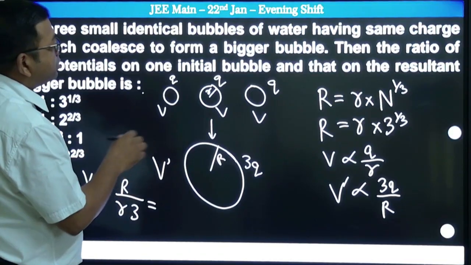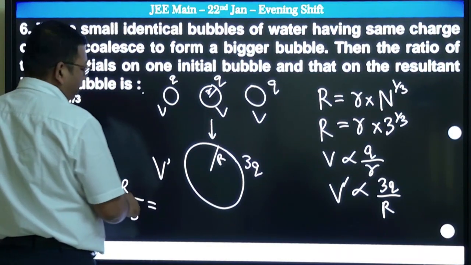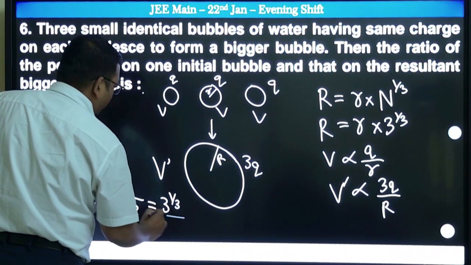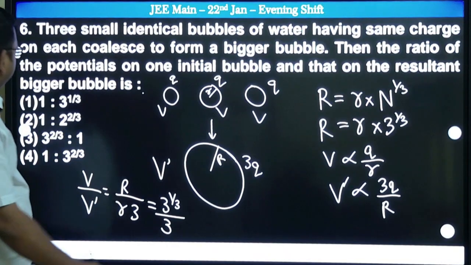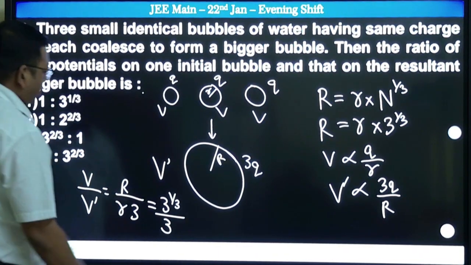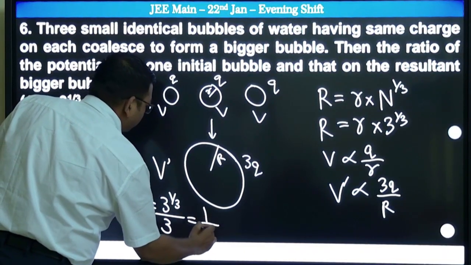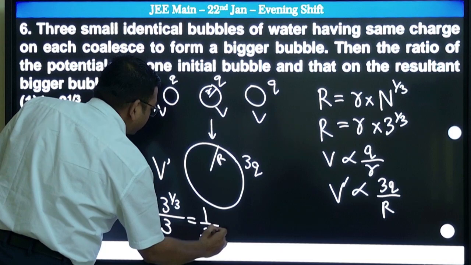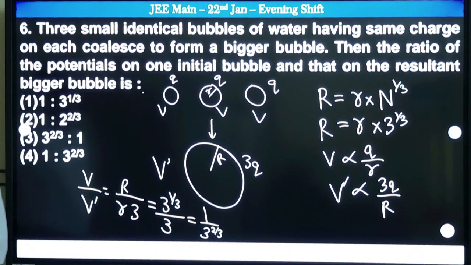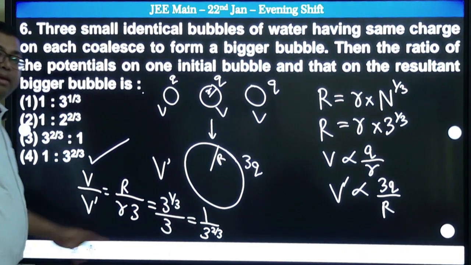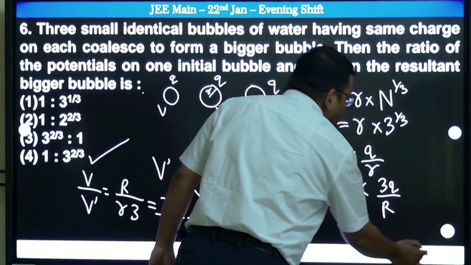You substitute now small r, capital R by 3 power 1 by 3, and divide by 3. So how much will it come? It will come 1 by 3 power 2 by 3. Correct? So which is the correct answer? Option 4. Clear? Let us move next.